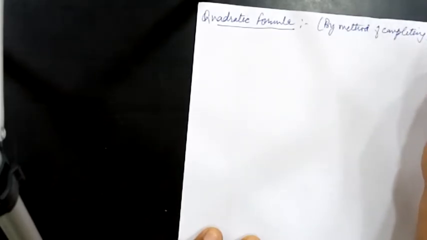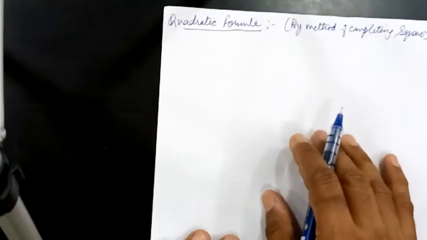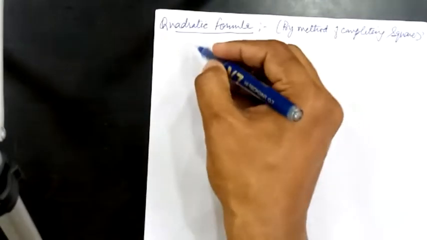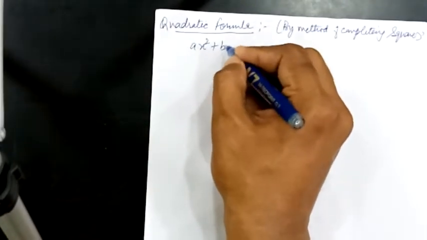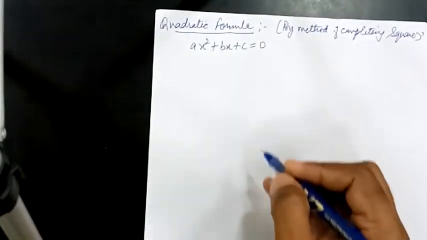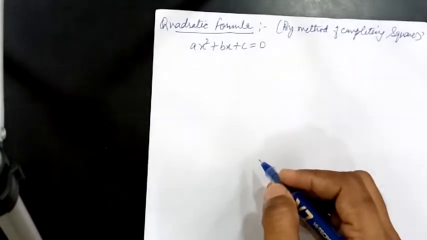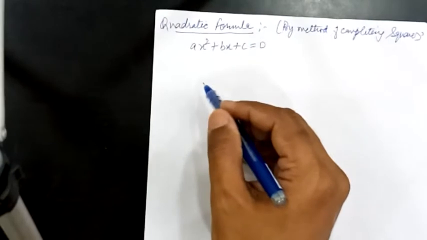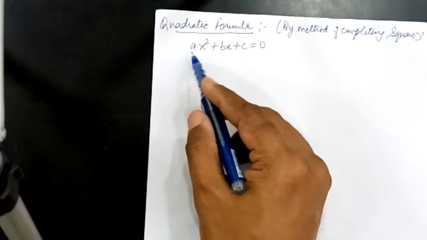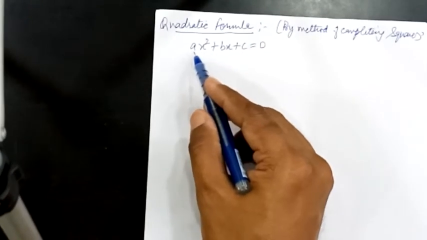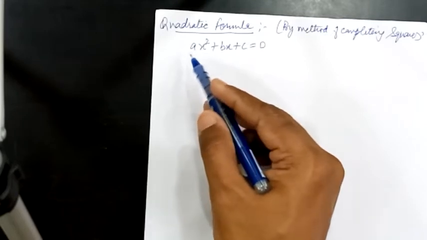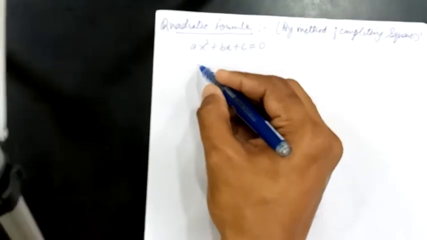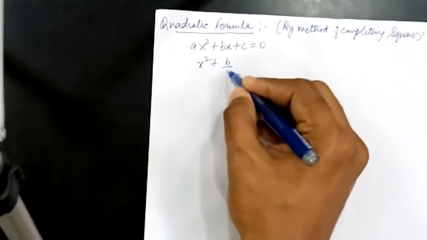Let us suppose this is the standard quadratic equation. What you will do in the very first instant is divide the whole equation by the coefficient of x square. The coefficient of x square is a here, so divide it like this.